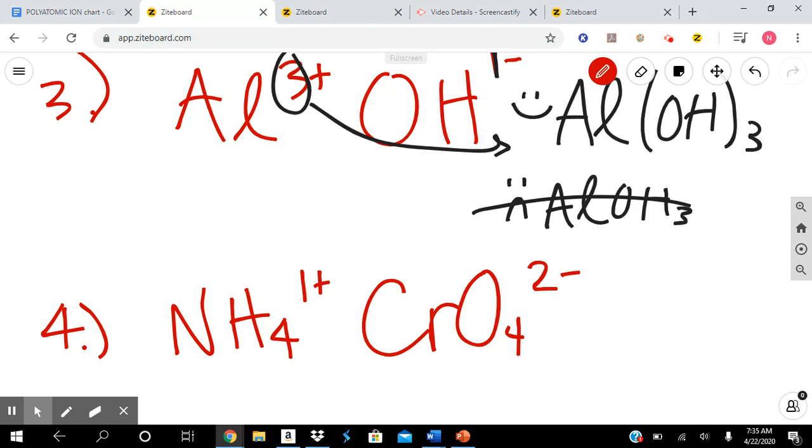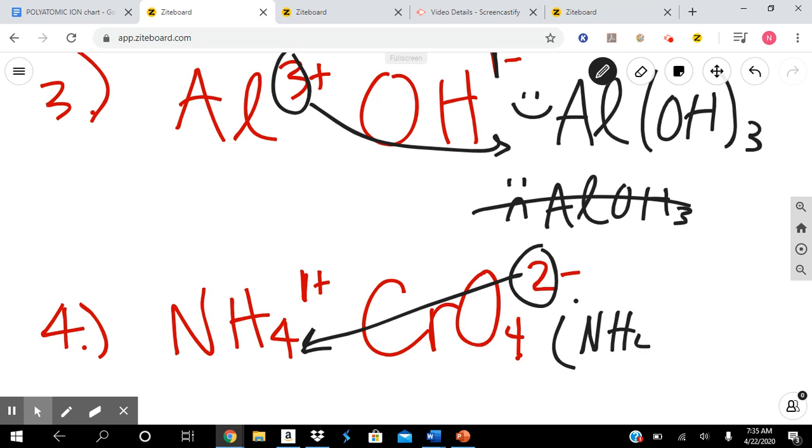Okay, so I'm not going to do anything with this 1, so nothing's getting crisscrossed down here. However, I have to cross this 2, and remember, ammonium is the exception. So I have NH4 in parentheses, 2 on the outside, and then chromate on that side.